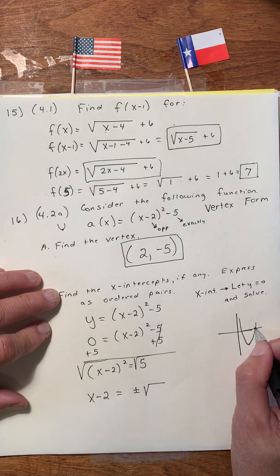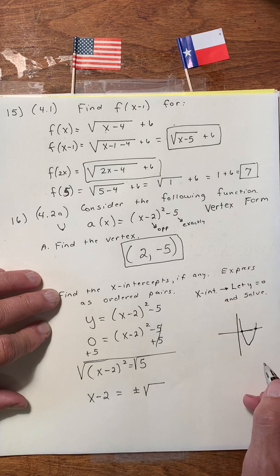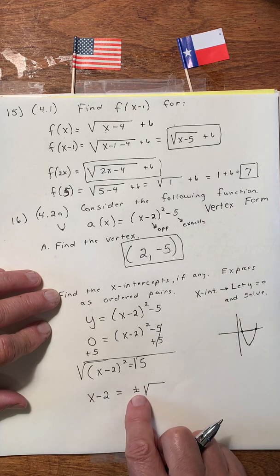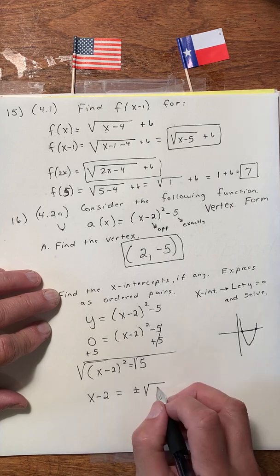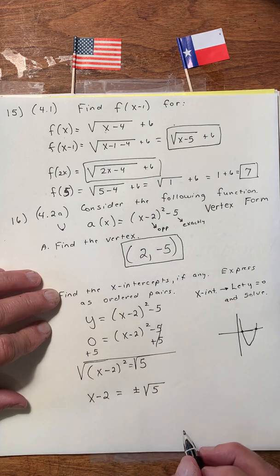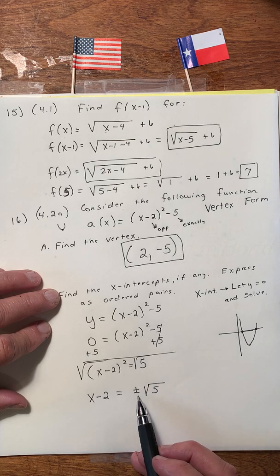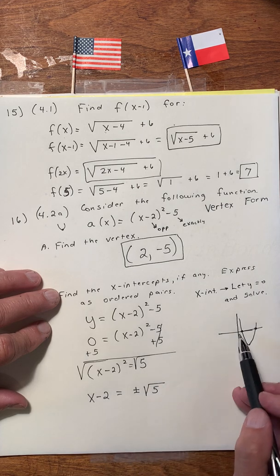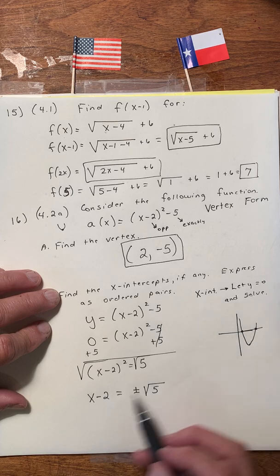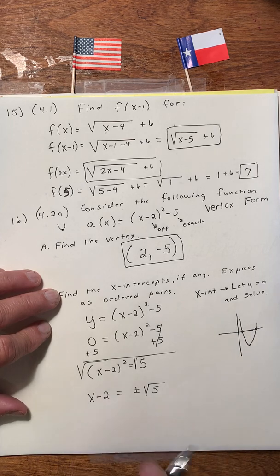Notice what happens: it cuts the x-axis in 2 places. This plus or minus allows me to identify those 2 places. So when you take this square root, make sure you put plus or minus so you can have the 2 x-intercepts. I'm not finished yet. It doesn't say x equals.